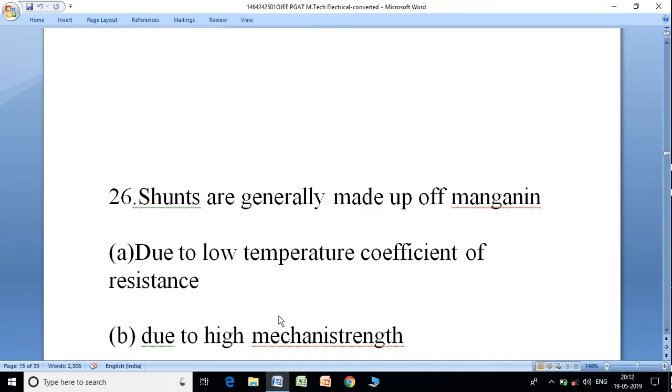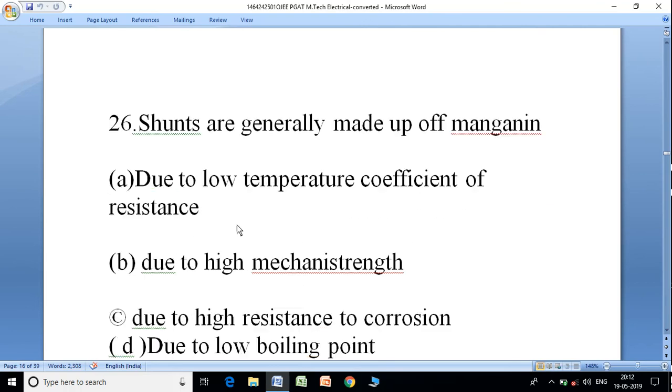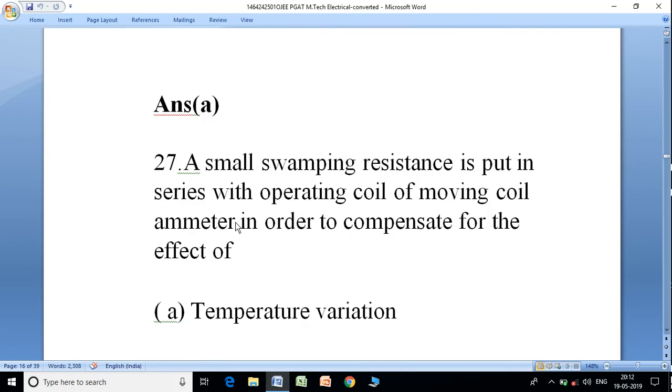Next question. Shunts are generally made up of manganin due to low temperature coefficient of resistance. This is the correct answer because when temperature changes, resistance changes very little. Therefore, the error in the instrument is very small. Therefore, manganin is used as the shunt.